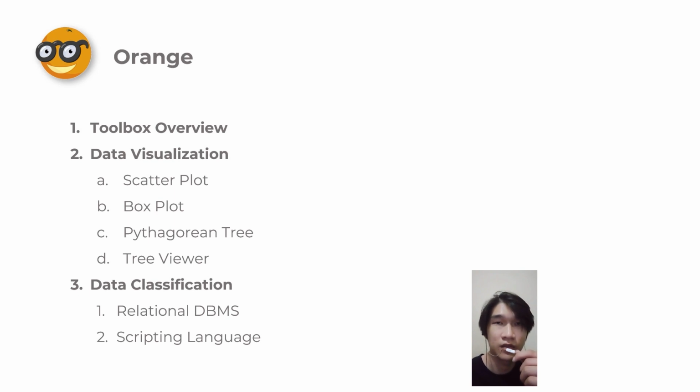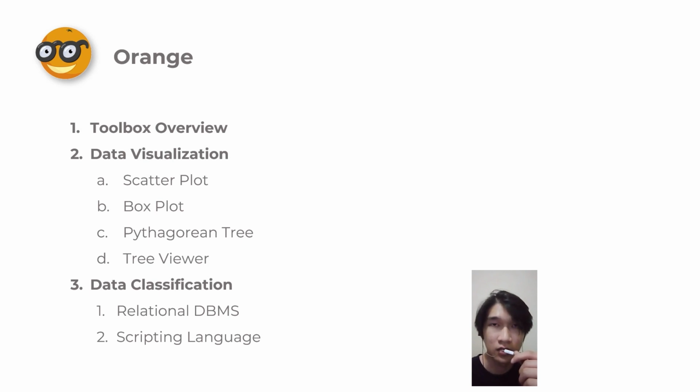It is a data visualization tool that is used to provide an overview of the data being analyzed in the form of a hierarchical tree structure, but on a smaller data scale. Just not like a Pythagorean tree that is more complex than the tree viewer. Just like that.